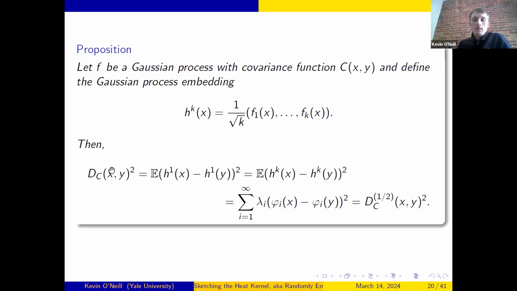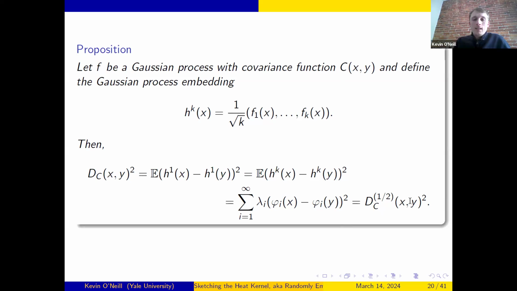That turns out to be equal to the diffusion distance that we get by taking this covariance function to be the kernel for our diffusion maps. So canonical metric here, diffusion distance here. You have to take it at time equals 1/2 because there's the whole square root thing we talked about, but these are effectively the same thing.